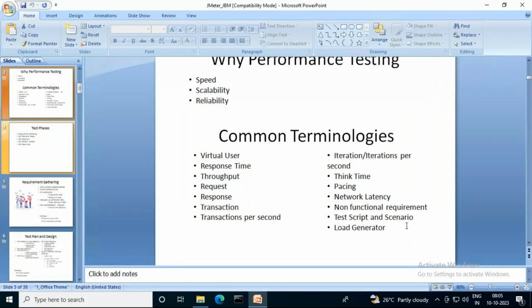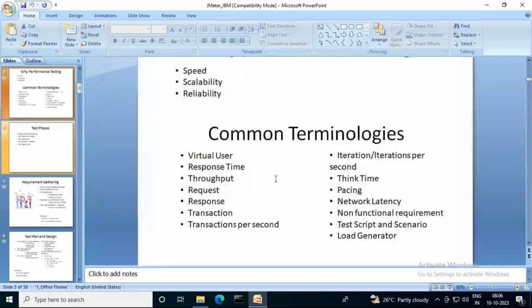So the common terminologies which we are going to see is like virtual user, right? When any application is getting used by a real user on any browser or any mobile device, they are real users. But when we speak of performance testing, we target a lot of users, and they are concurrent users.